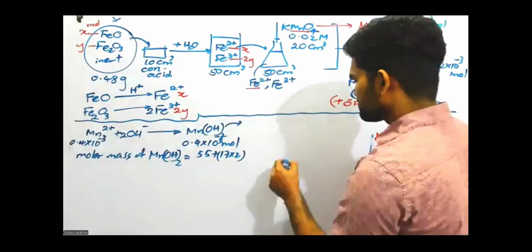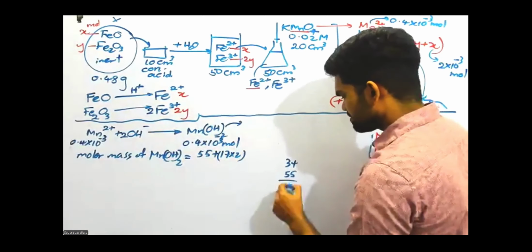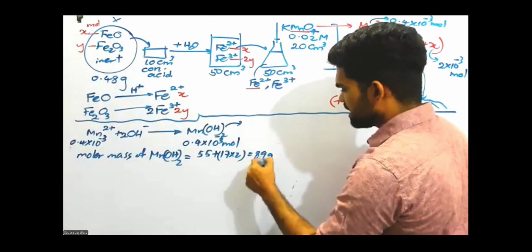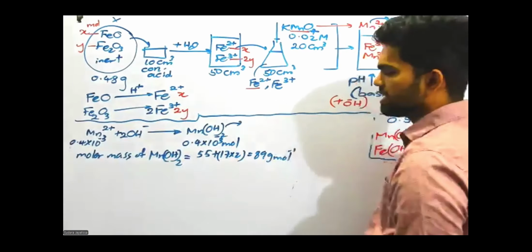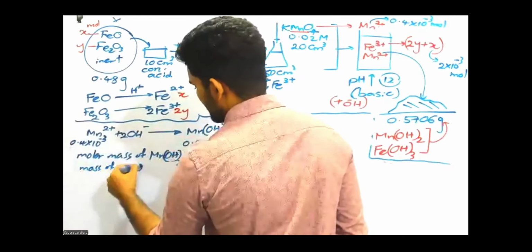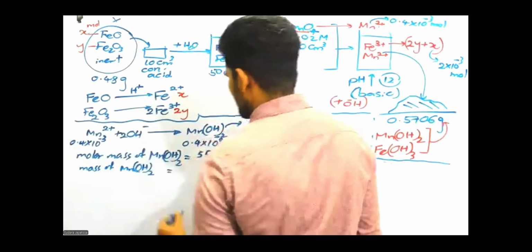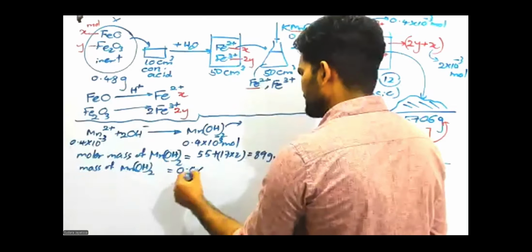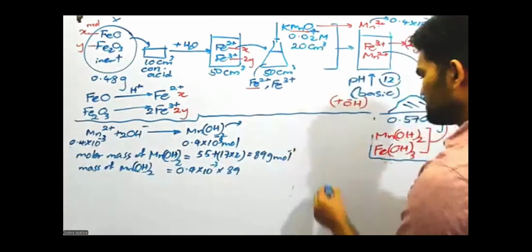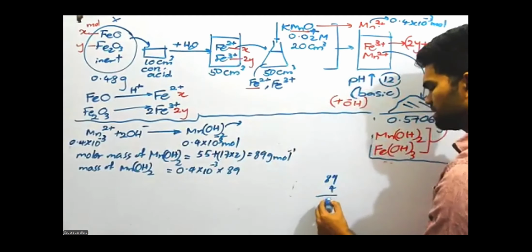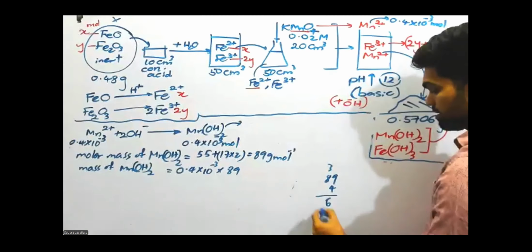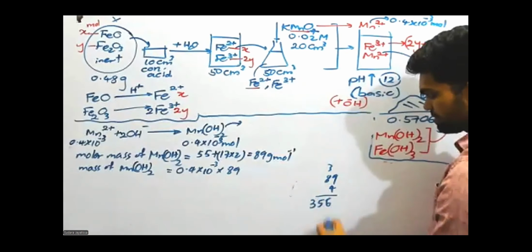That means 34. 34 and 55, 89. So 89 grams per mole. Then we can find out the mass of Mn(OH)2. So just multiply 0.4 into 10 to the power minus 3 by 89. So 89 times 4, 36, 32, 35.